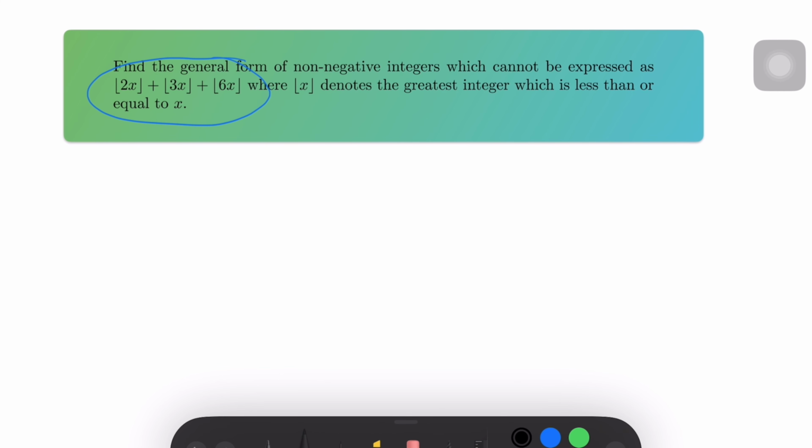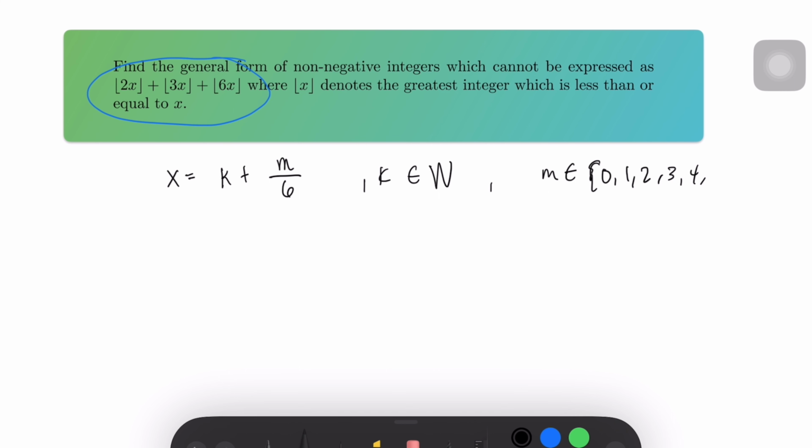To solve this one, we would write x as k plus, let's say, m over 6, where k is a non-negative integer, so that's a whole number, and m is from 0 to 6: 1, 2, 3, 4, 5.